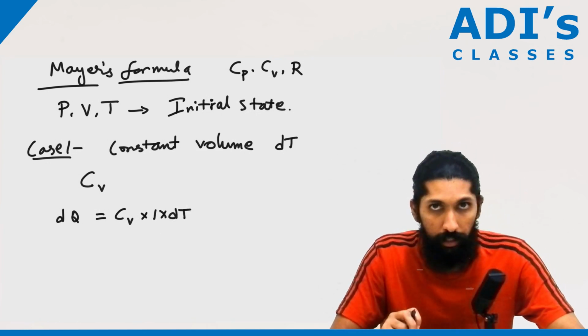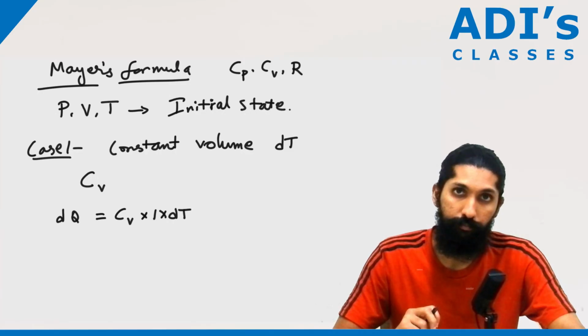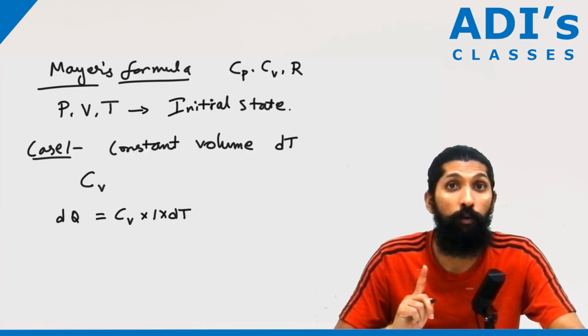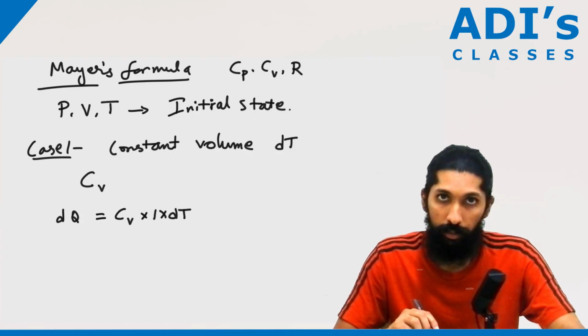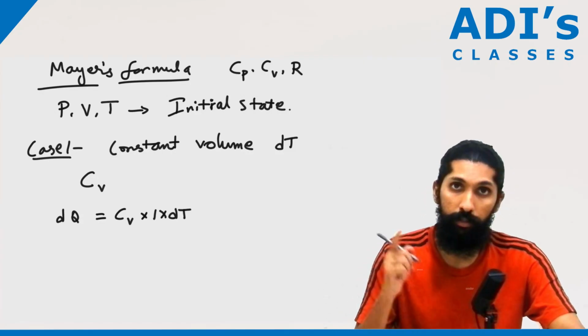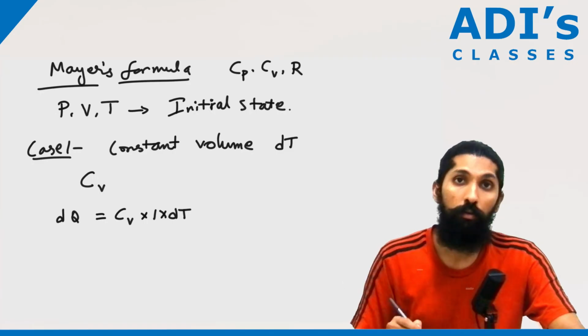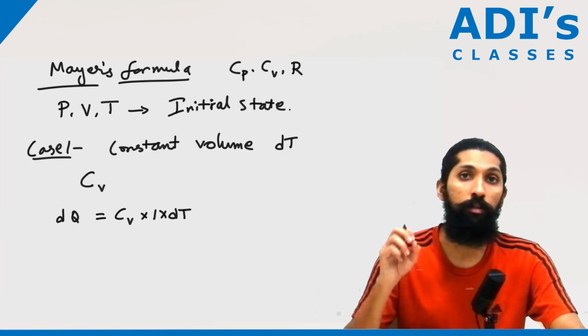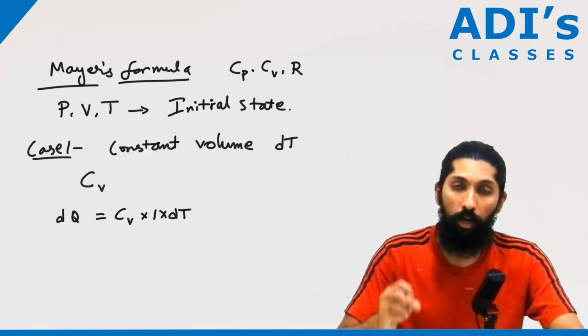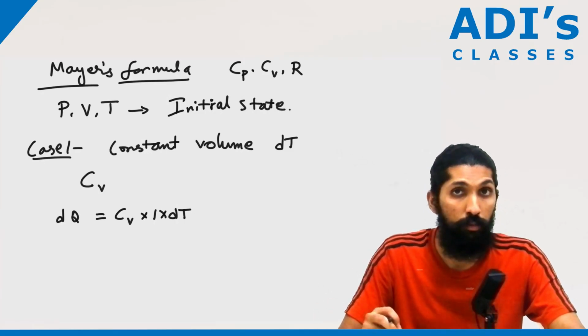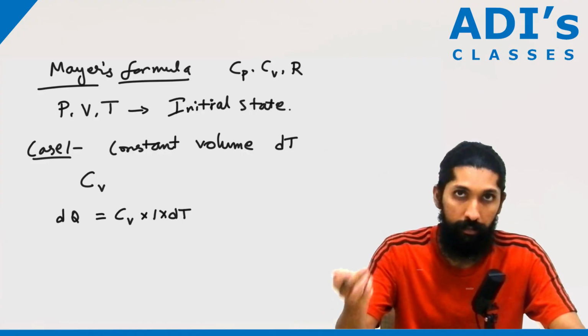Cv is the specific heat capacity, 1 is the one mole of the gas, and dT is the change in temperature. Whenever we are talking about constant volume, the work done will be 0.